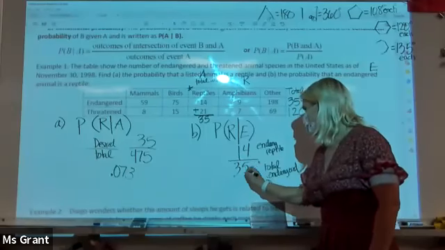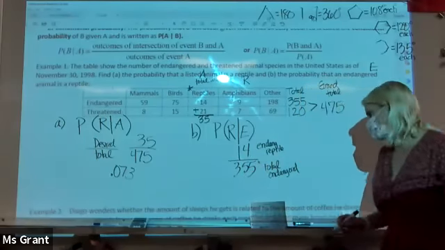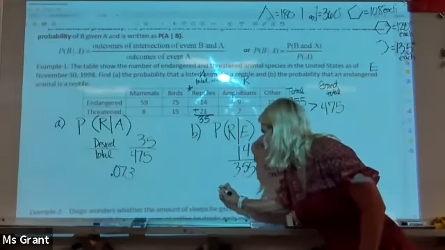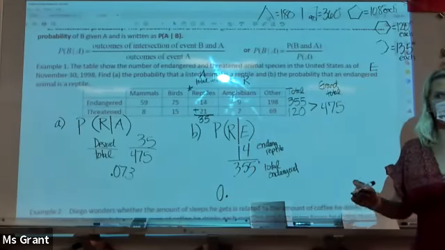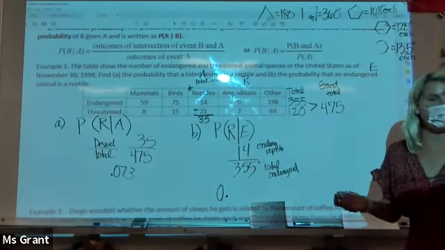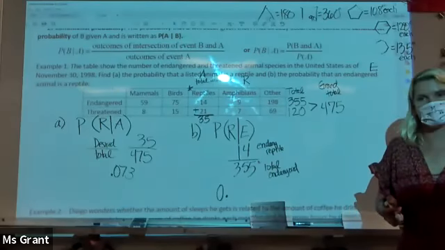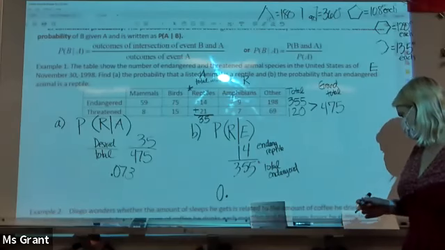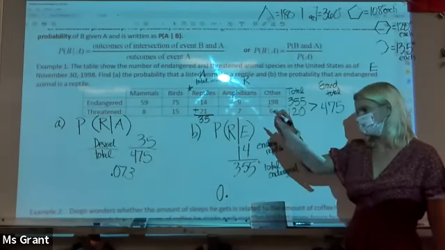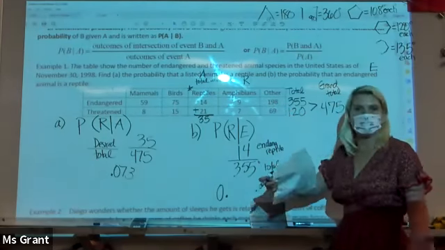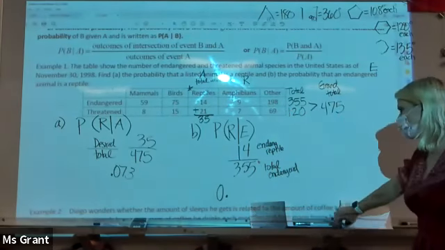So let's divide that. 14 divided by 355. You'll have calculators. Everyone at home has a calculator. Should be quick. Colin, what'd you get? I'm calling on Colin.